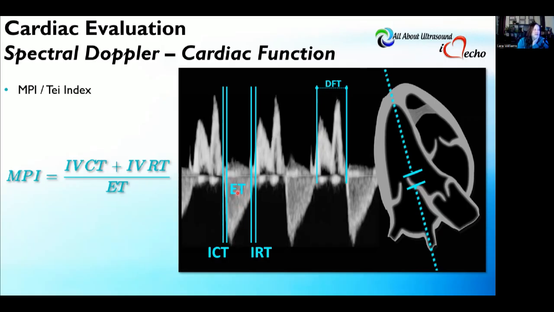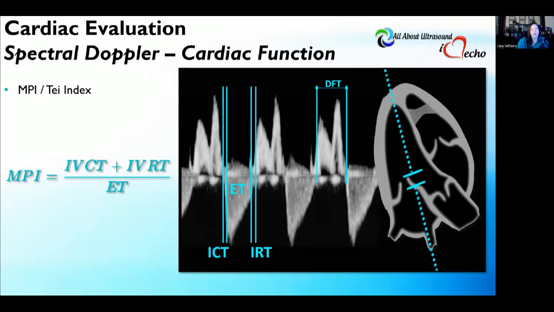So this is where that valve is open and we're actively ejecting. But the contraction time is when it starts to contract, but there's no volume change, right? And so that's measured right before that ejection of the aortic flow, or just after that A wave of the mitral valve, right?